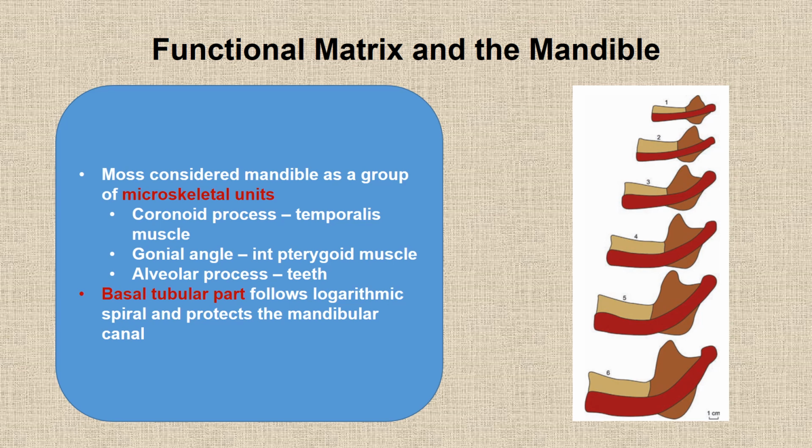Now, the basal tubular part follows a logarithmic spiral and protects the mandibular canal. At birth, the basal tubular part is relatively straighter and it gradually assumes a logarithmic spiral.